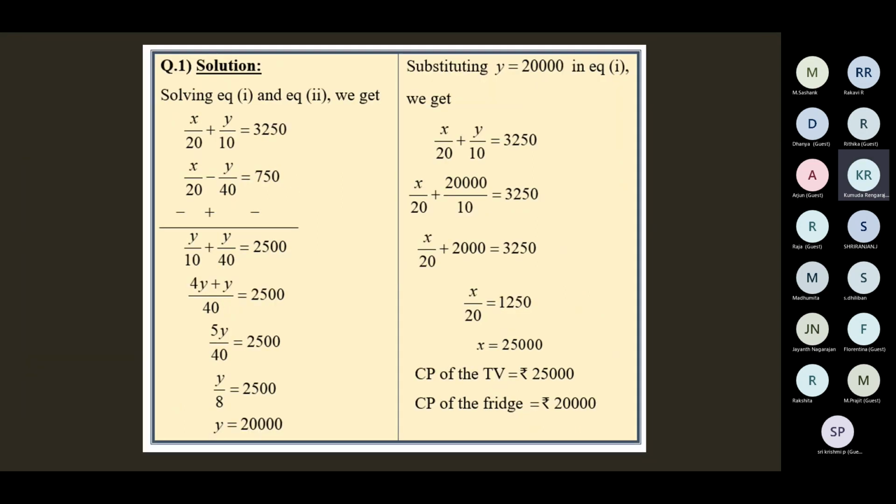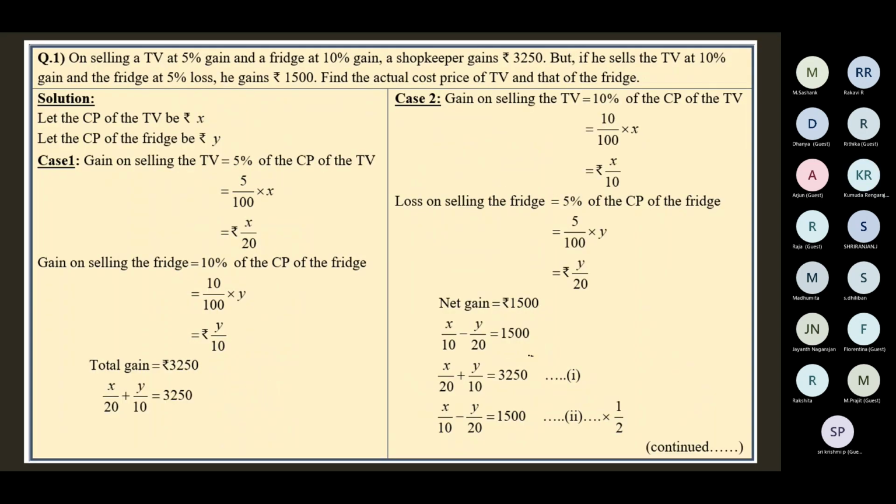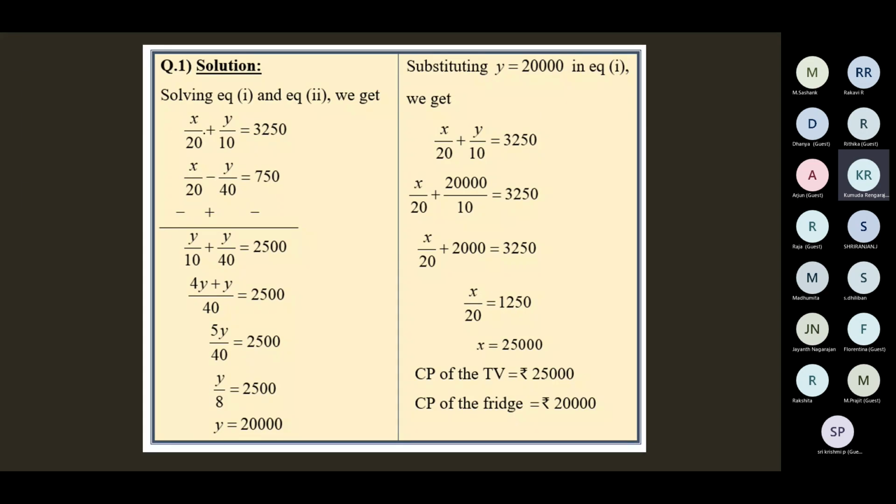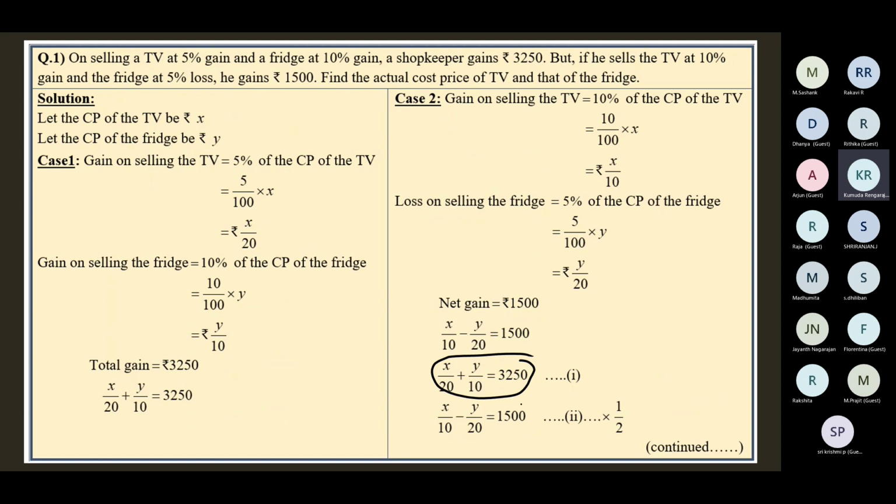Okay, now see the next equation. The first equation as it is. See this one. X by 20, y by 10, 3250. As it is. Now see the second equation. Did it in your mind, children?